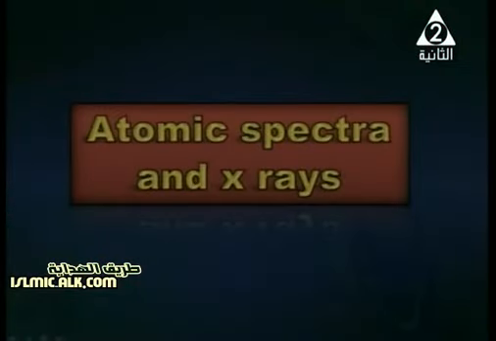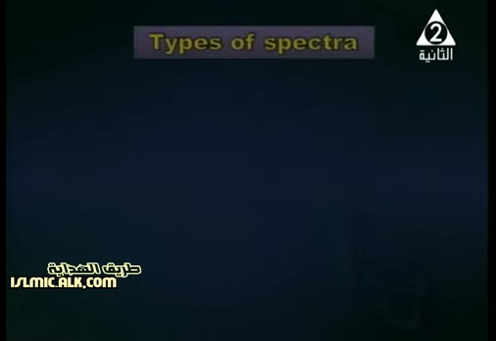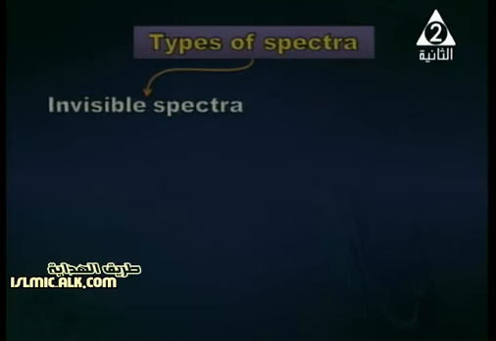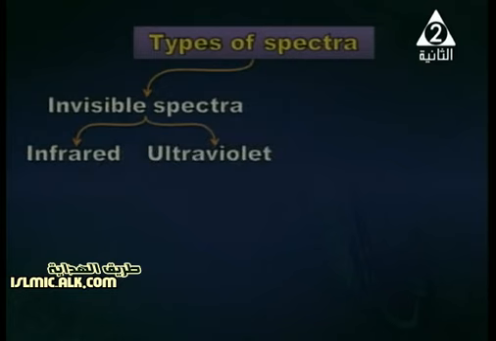Atomic spectra and X-rays. First of all, let's discuss types of spectra. As a matter of fact, we've got two types here: invisible spectra, which consists of infrared and ultraviolet light.